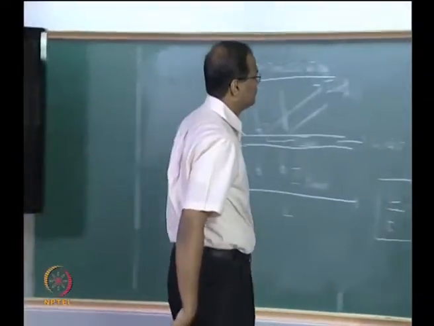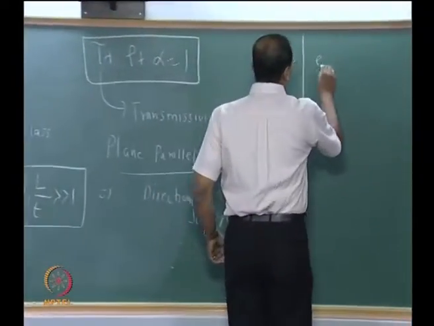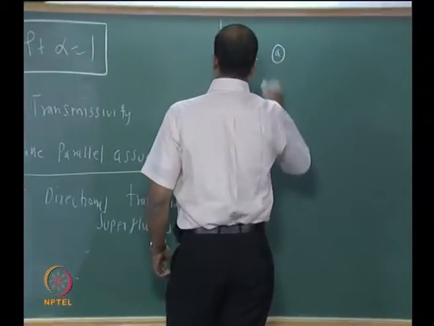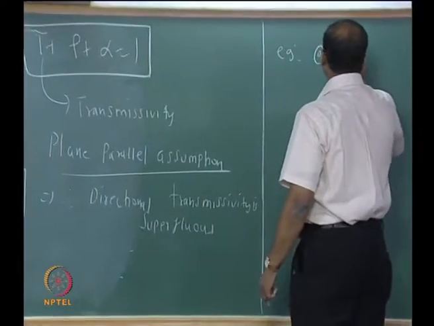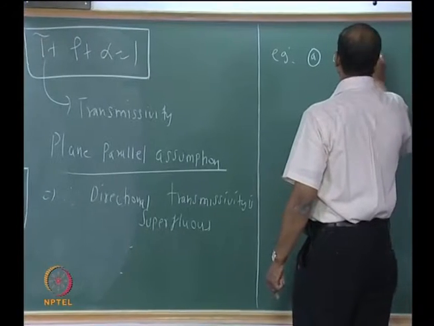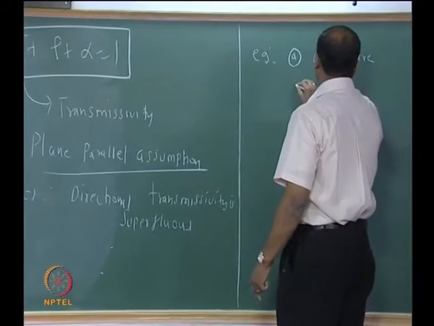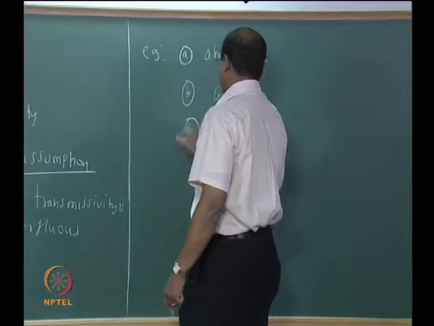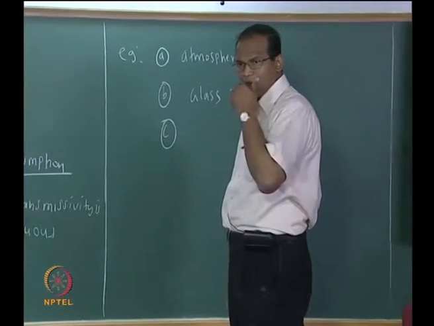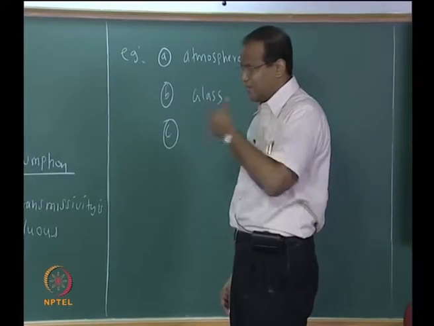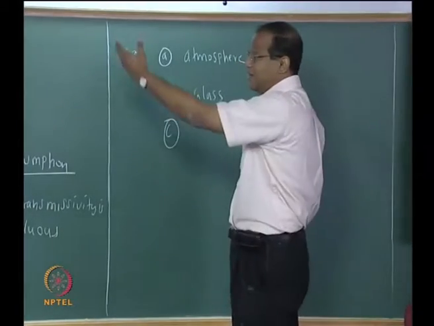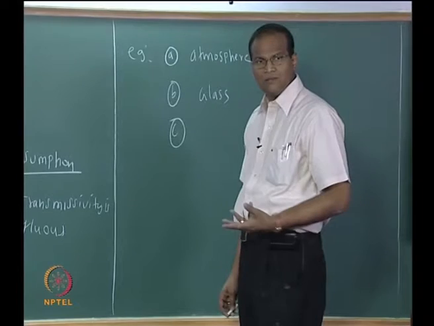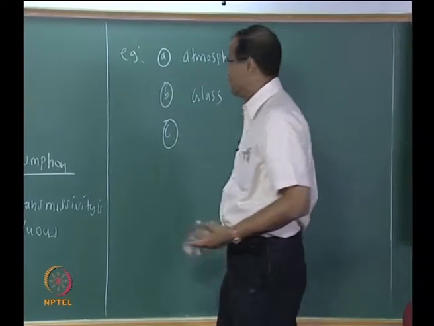Example, of atmosphere, glass, okay. Examples of media which are not opaque, jet exhaust, right.